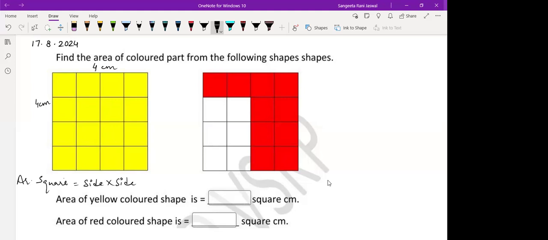All right. So there are 4 squares this side and 4 squares this side, 4 into 4. And still, if you want to check whether your answer is correct or not, you can just count all these squares. 1, 2, 3, 4, 5, 6, 7, 8, 9, 10, 11, 12, 13, 14, 15, 16.